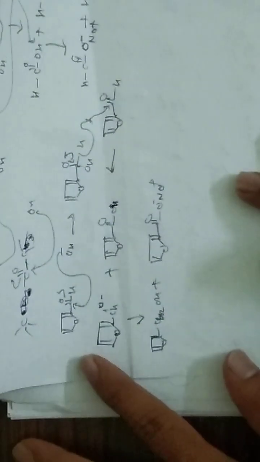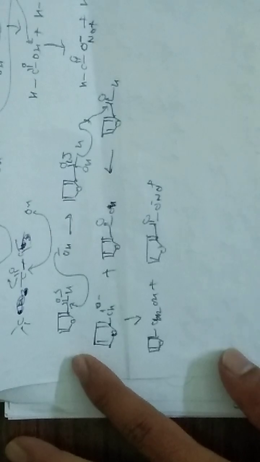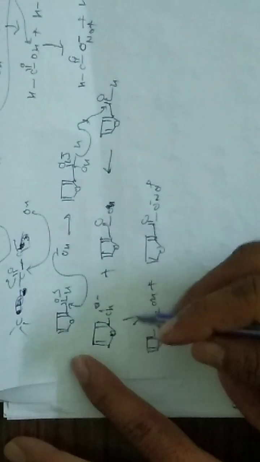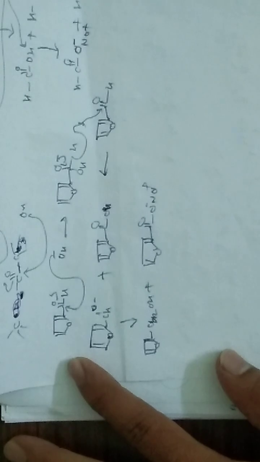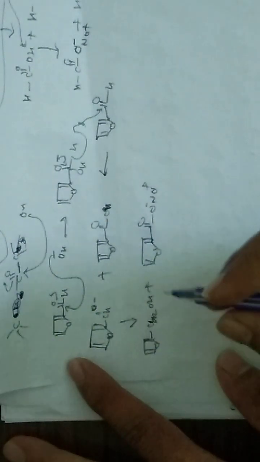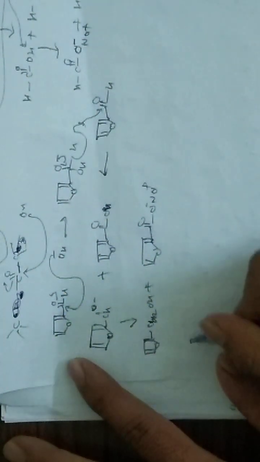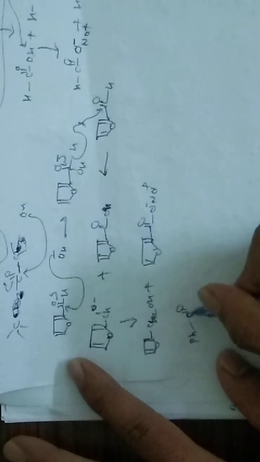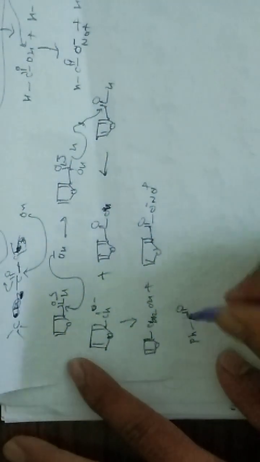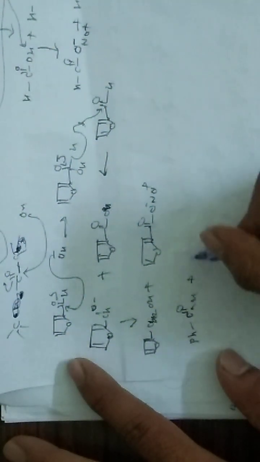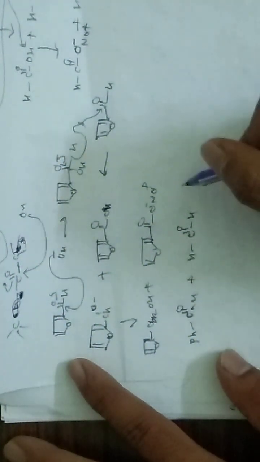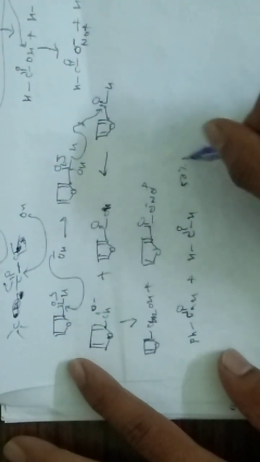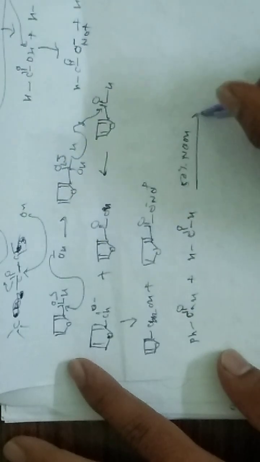Then what is the cross Cannizzaro reaction? Let's see the cross Cannizzaro. It is just like self aldol and cross aldol condensation, but here only the reactants are different. Suppose I am taking benzaldehyde plus formaldehyde and 50% NaOH.